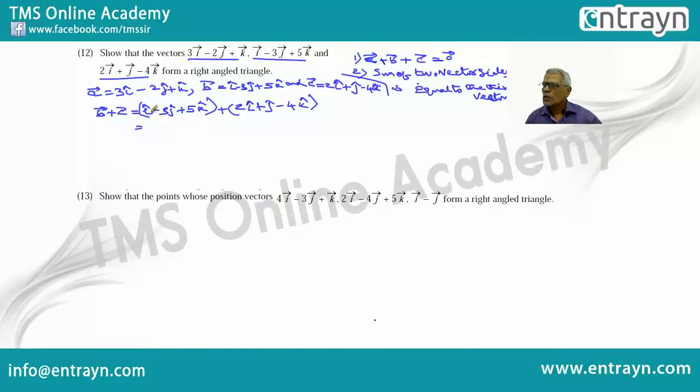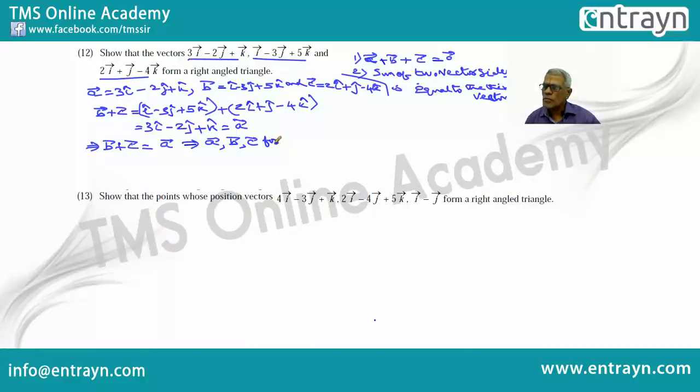If I add, i plus 2i is 3i, minus 3j plus j is minus 2j, 5k minus 4k is plus k, which is nothing but our a vector. So b vector plus c vector is equal to a vector. This implies a vector, b vector, c vector form a triangle.